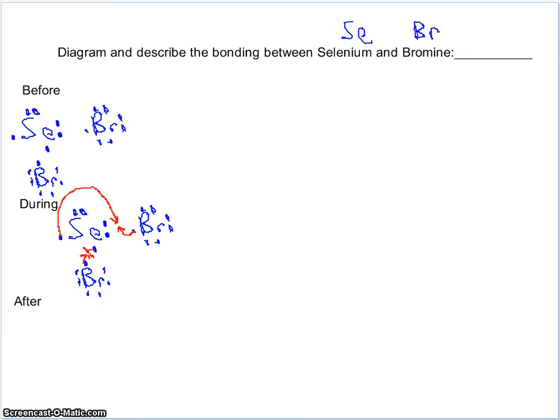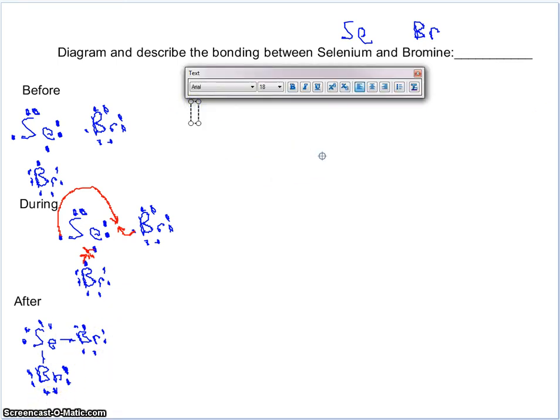And so what I'm going to have left over is selenium with 2 lone pairs, and then it's going to form a bond with bromine, and the bromine has 3 lone pairs, and another bromine which also has 3 lone pairs. Right? And so this has a structure very similar to H2O actually, except it's not oxygen, it's selenium, and it's not H, it's bromine.